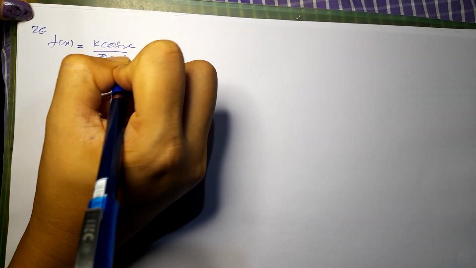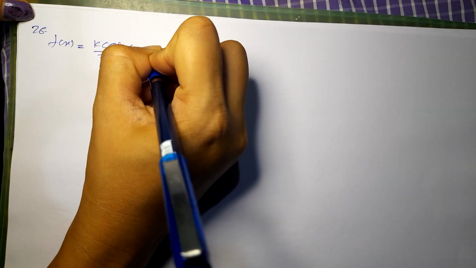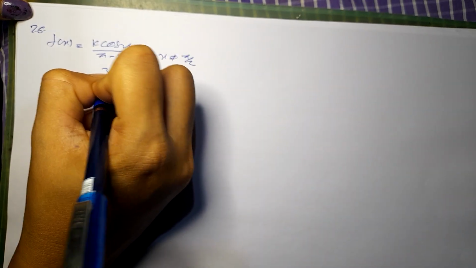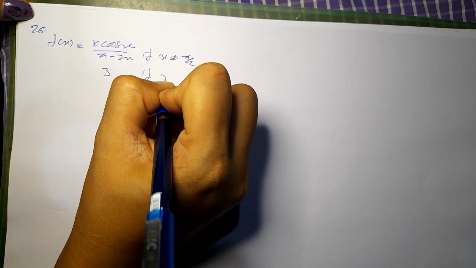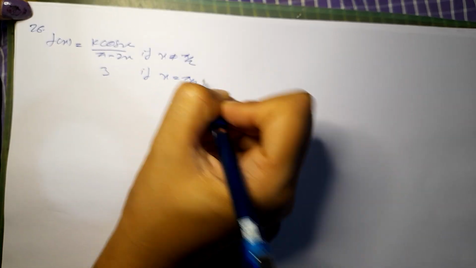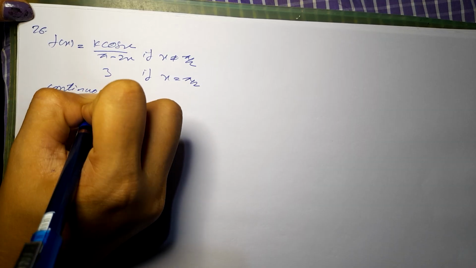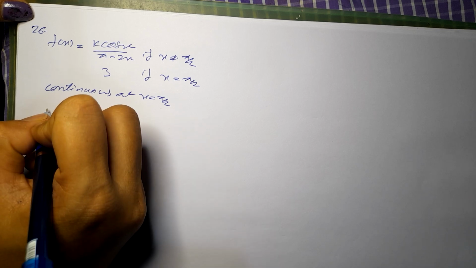The given function, question number 26, f of x is equal to k cos x divided by pi minus 2x if x does not equal pi by 2, and 3 if x equals pi by 2. It's continuous at x equal to pi by 2.